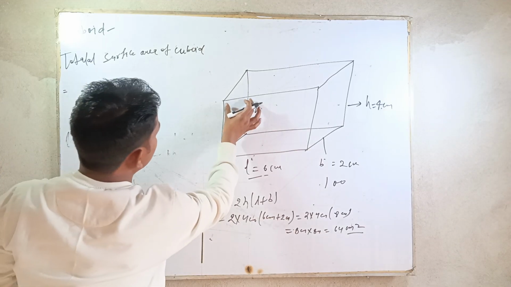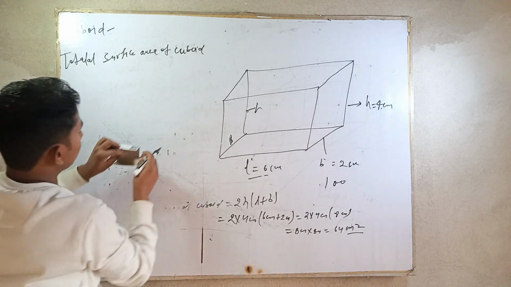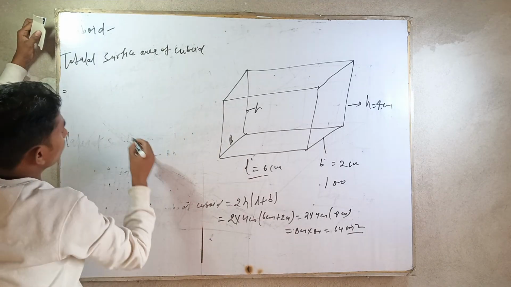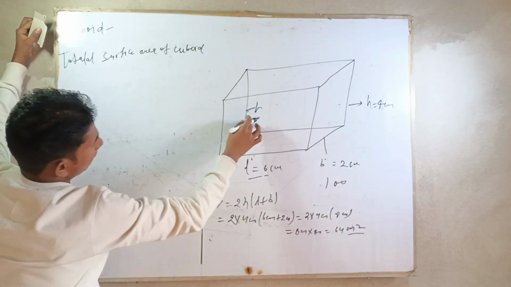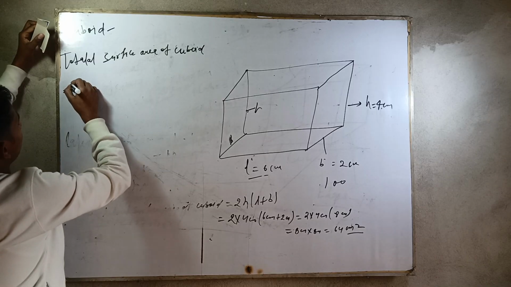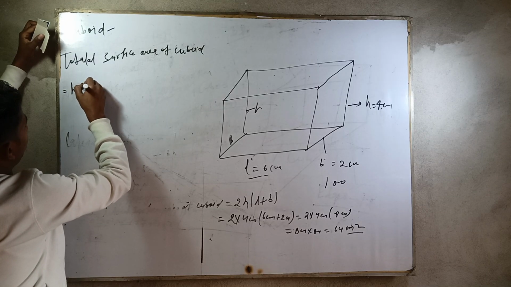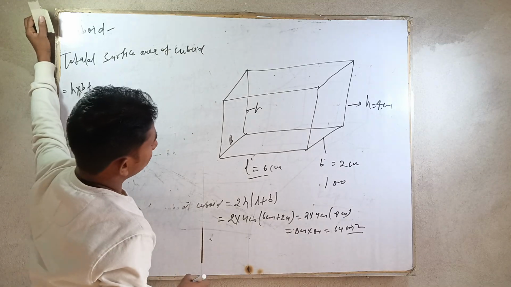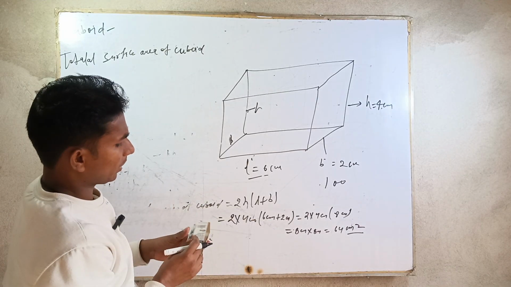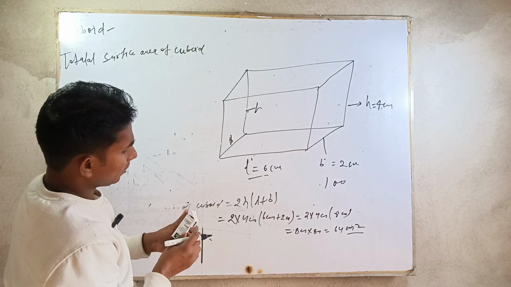If I cut this one, I will see that it is L into H. Next one is B. Next, the upper part: this one is L into B, length and breadth.